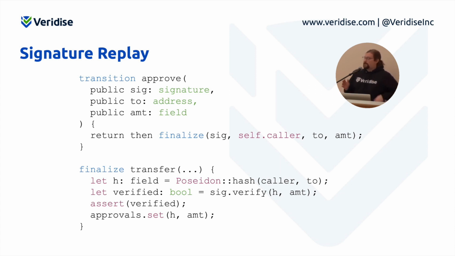And so what I mean by that is there is nothing checking to make sure that signature can't be sent to the finalize function again. And so without any way of specifically disallowing this signature in the future, the person who is being approved in this case could just take the signature, which is going to be publicly available on chain, and replay it again in order to get approval over and over again in this particular contract.